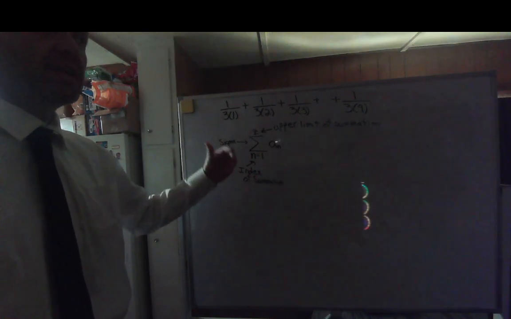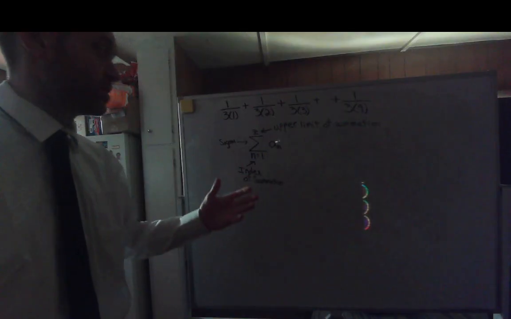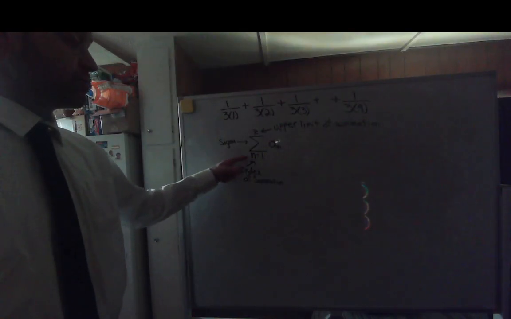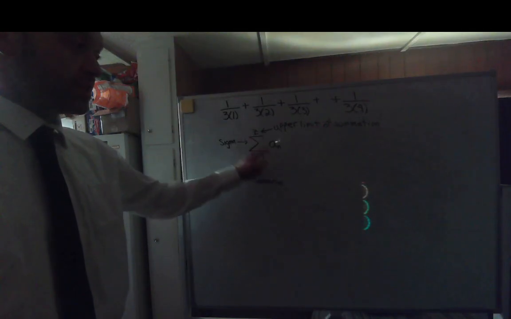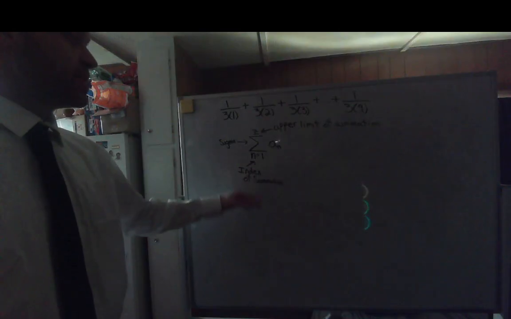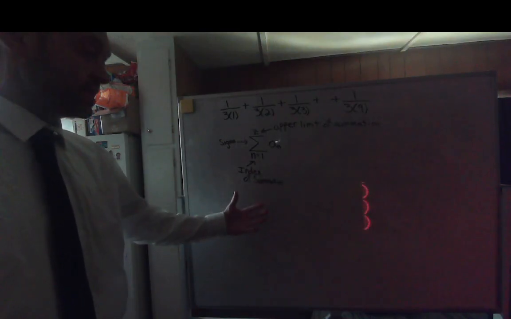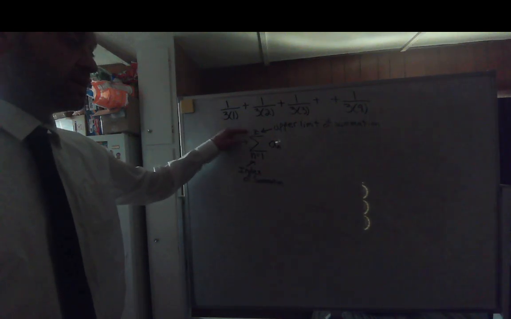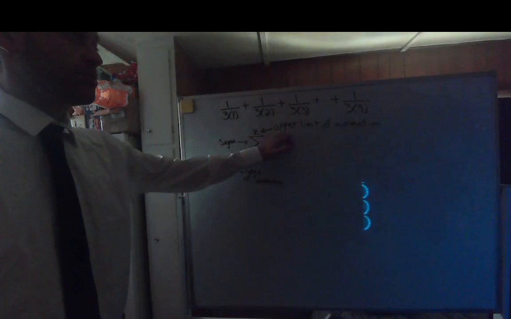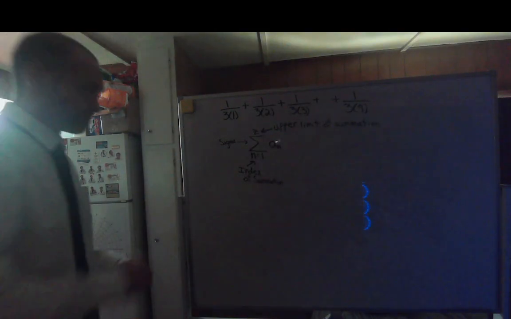Instead of listing them, you're actually adding them together. That n equals 1 below the sigma is where the sequence starts. That's where you start adding the series. That's the index of summation. That number above the sigma is your upper limit of summation.